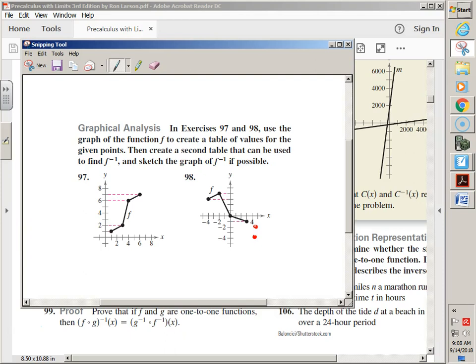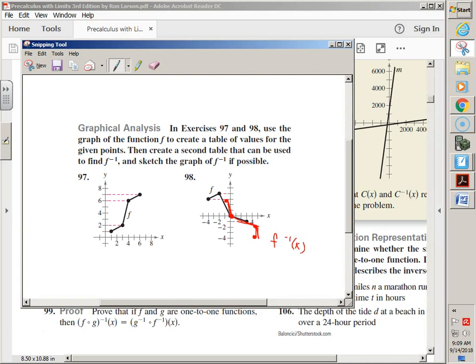I already failed the vertical line test. We can keep going. 0, 0 is still 0, 0, true? And then 3, -1 becomes -1, 3. So then you can kind of see how they connected it with lines. There you go. And that should have been the graph of F inverse, with probably a little table.